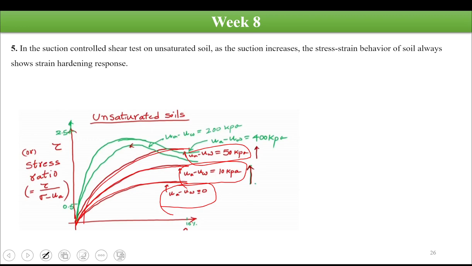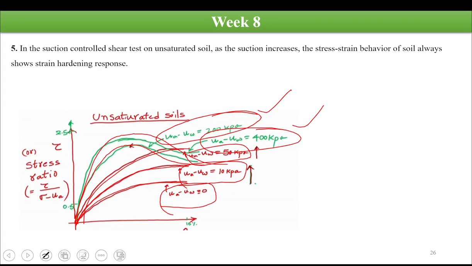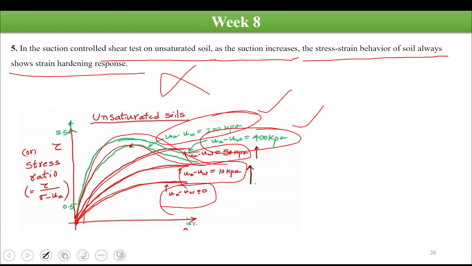But as the suction value increases further to higher values, 200, 400, etc., in those cases, these will show a strain softening behavior, just like over-consolidated soils or densely compacted soil. Right. So this statement that in the suction control shear test on unsaturated soil, as the suction increases, the stress strain behavior of the soil always shows strain hardening response may not be truly correct. Right.